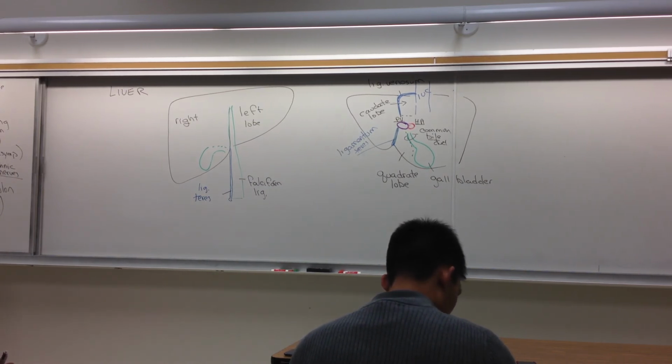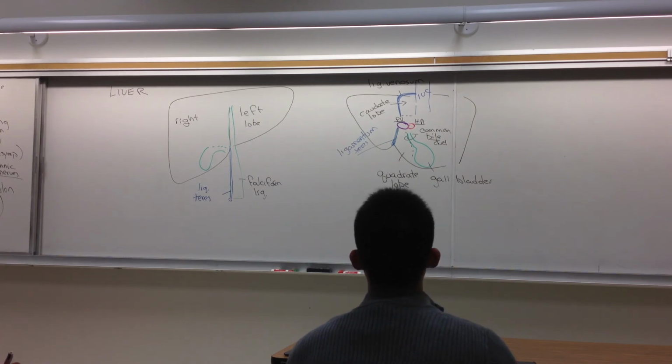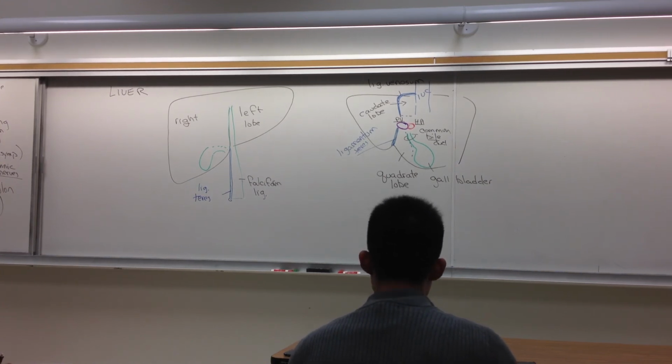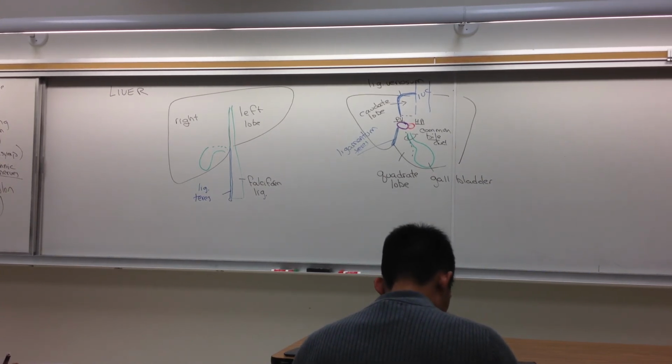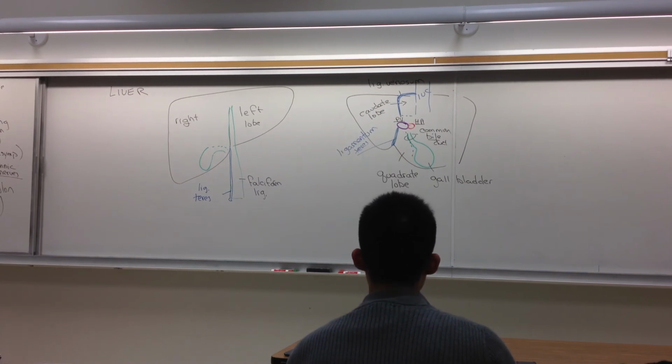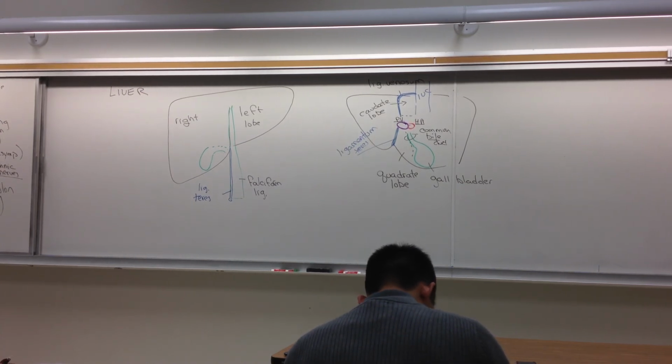So, better than I can draw, I am going to put up a PowerPoint of the arrangement of the hepatocytes of the liver. We have a whole model in lab that shows these.